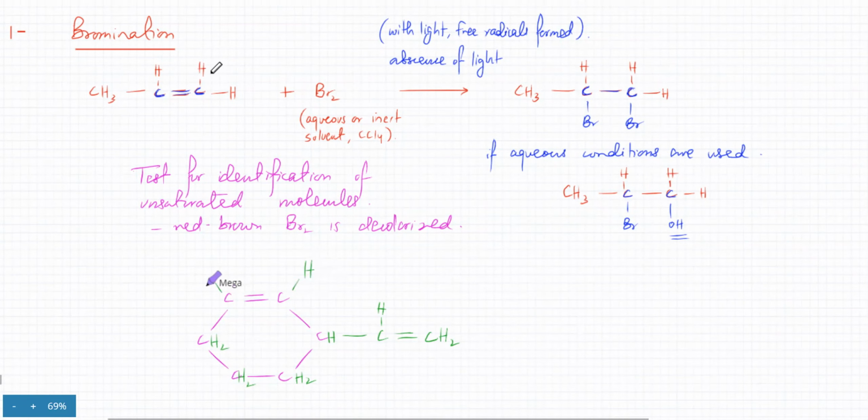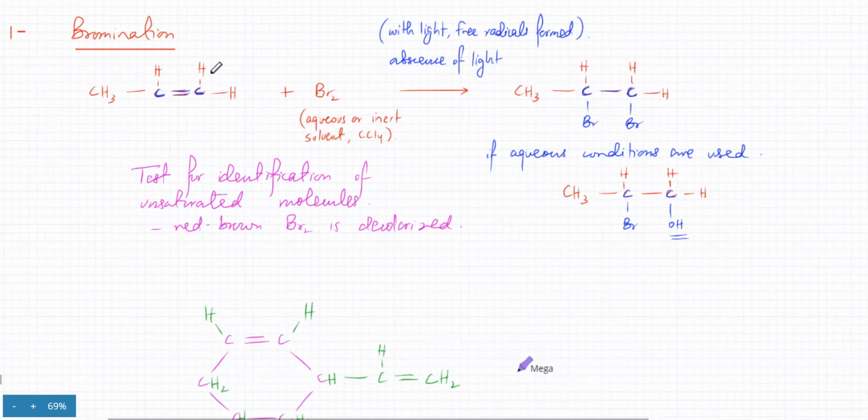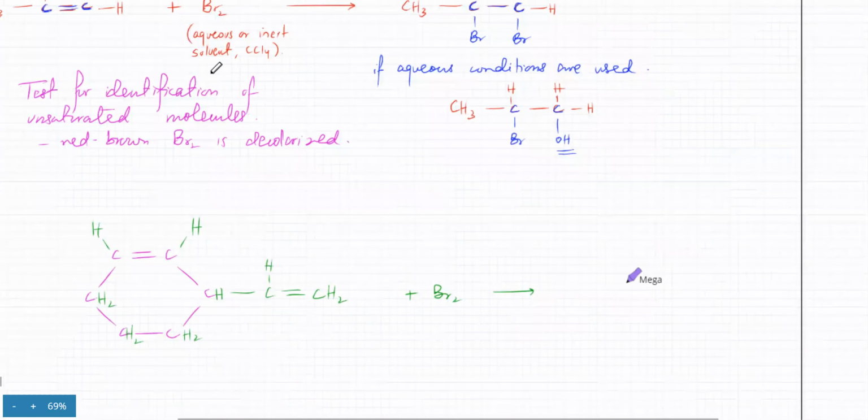So if bromination happens to this molecule, what's going to happen is that on all the double bonds, bromine will get added.